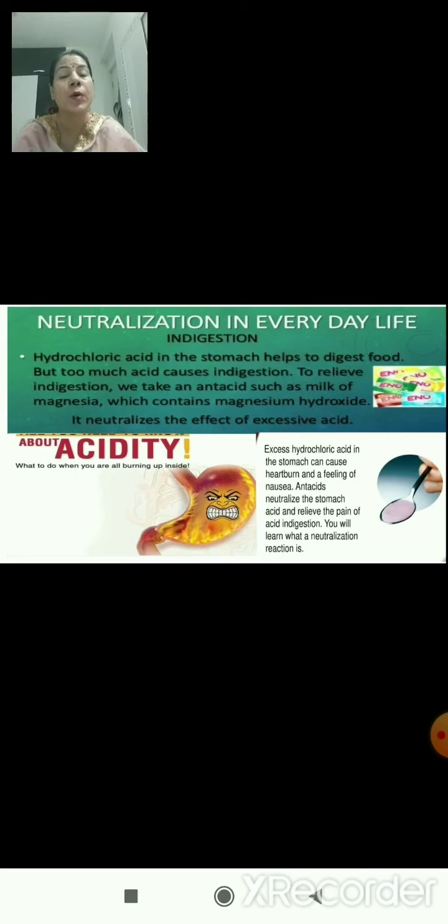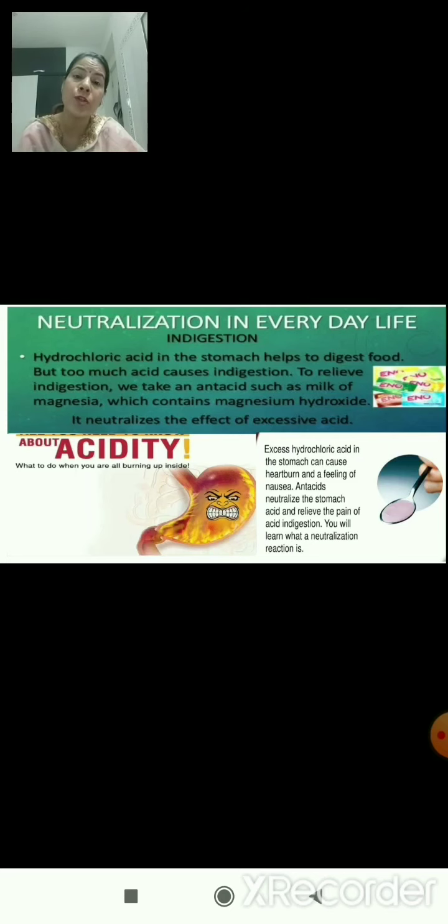So hydrochloric acid in the stomach helps in digestion of food. Children, you have studied in your previous chapters about the digestion of food, and you also studied that HCl acid is secreted in the stomach.